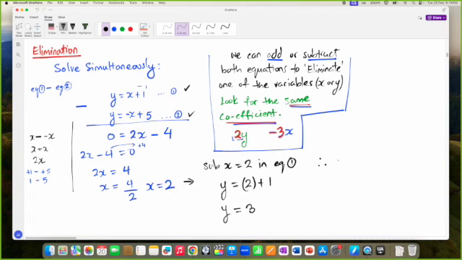Therefore, x is equal to 2 and y is equal to 3. We knew that was going to be the answer. This is the elimination method. Ade, do you understand this elimination method? Before I didn't understand it, but I understand it now, sir. All right.